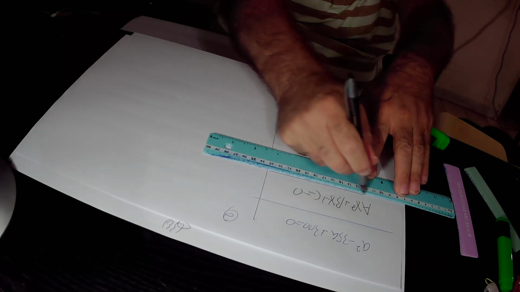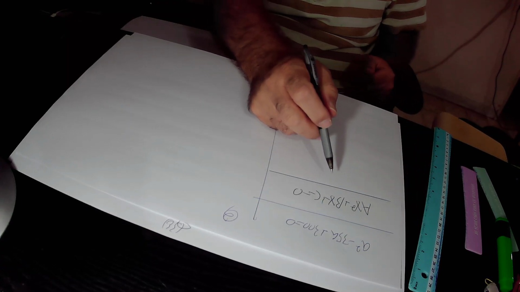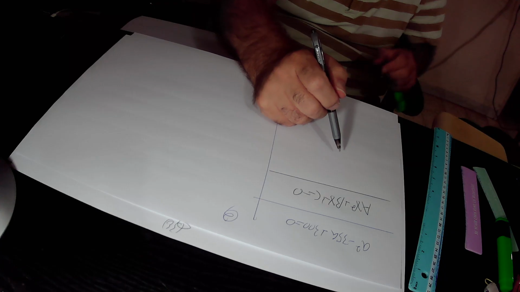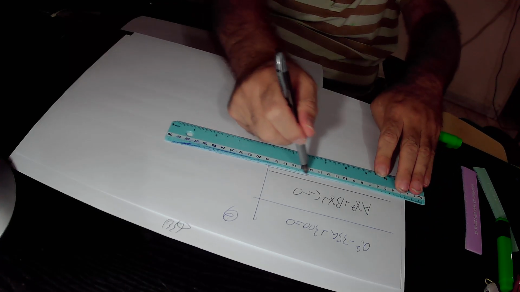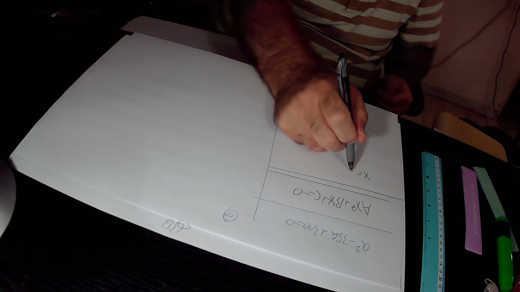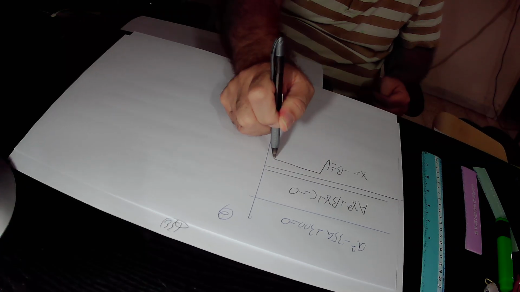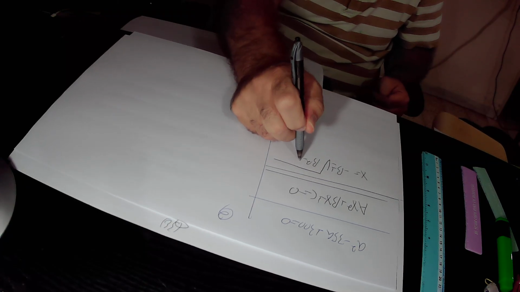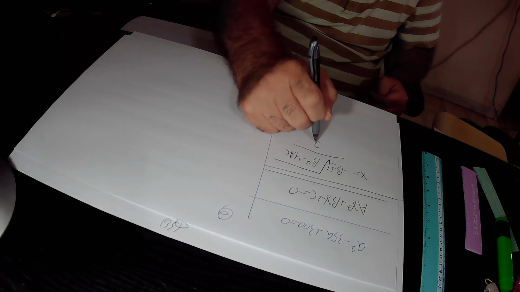In this general formula, a, b, and c are the coefficients of this quadratic equation, and x is the variable that we are looking for. And we'll find the value of x according to the following formula. X equals minus b plus minus the square root of b squared minus 4 times a times c, over 2a.